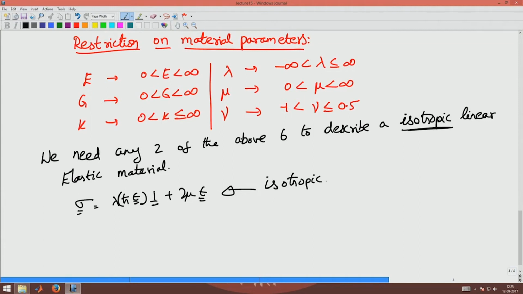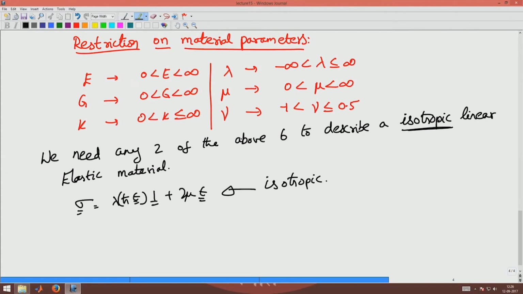That is, the response in different directions are the same. Okay. So, here we wrote in terms of lambda and mu, we can write in terms of Young's modulus and Poisson's ratio or bulk modulus and shear modulus. Any 2 we can pick and we can write this constitutive relation in terms of those 2 parameters.